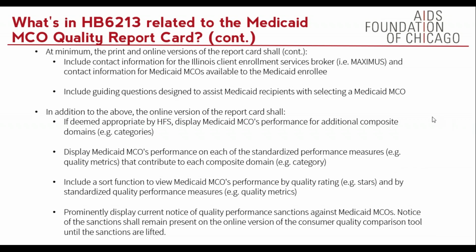Thanks, Kelsie. So Kelsie just went through provisions or pieces that must be included in the report card, or kind of a frame in the law of how the report card should be laid out. These apply to both the print version and the online version. The next few bullets apply to the online version of the report card only.